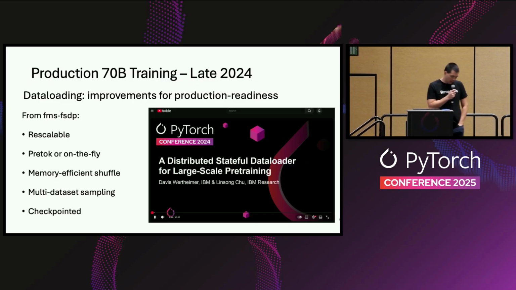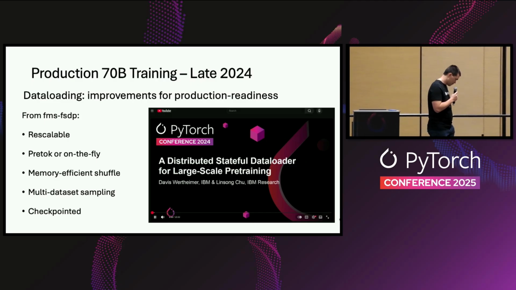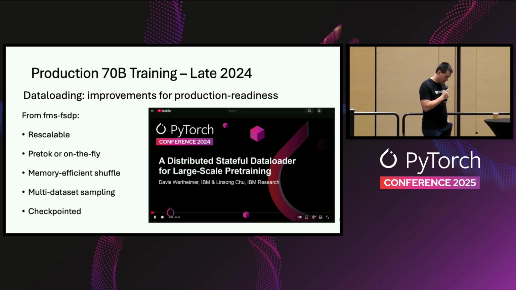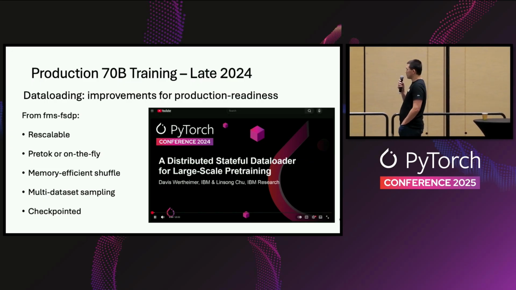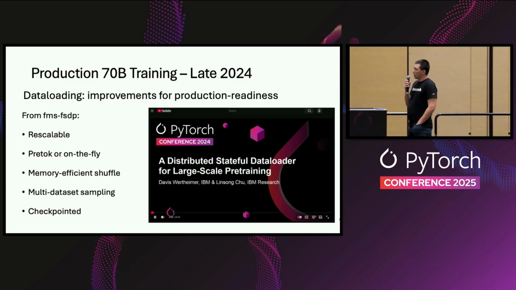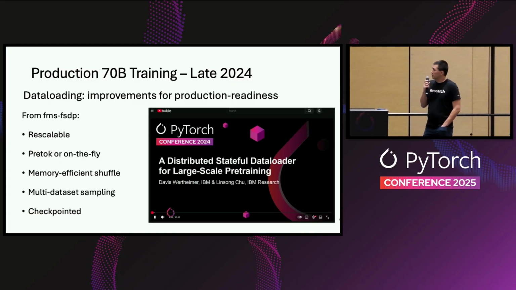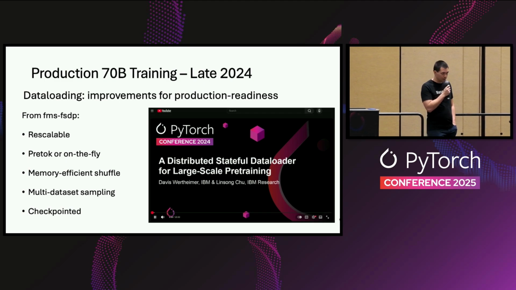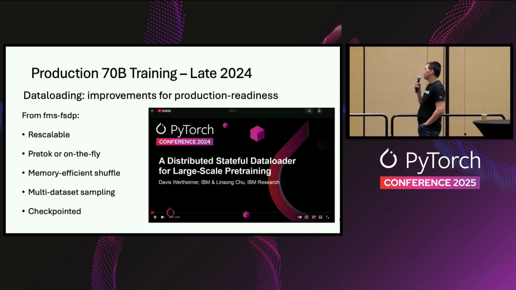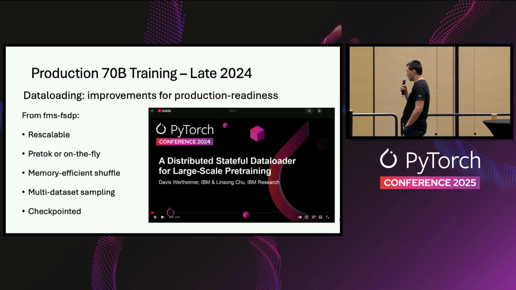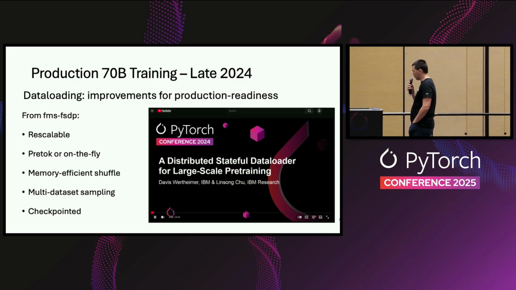So one area where we especially found that we needed some additions, some improvements for production readiness was in the data loading. And here we were able to pull in some aspects of our own training framework, FMS FSDP, and had a bunch of features that we found necessary for really doing runs at scale.